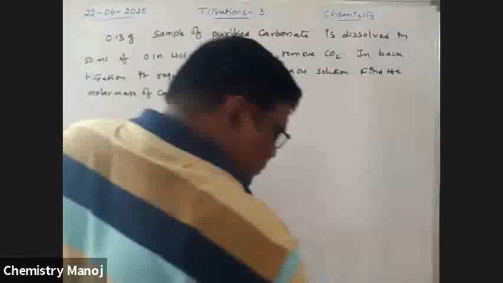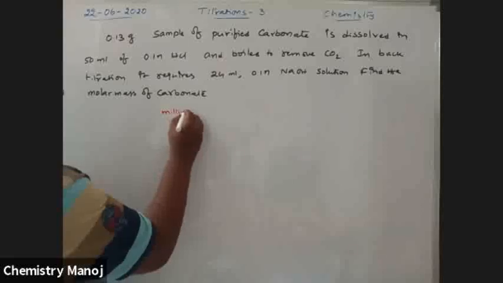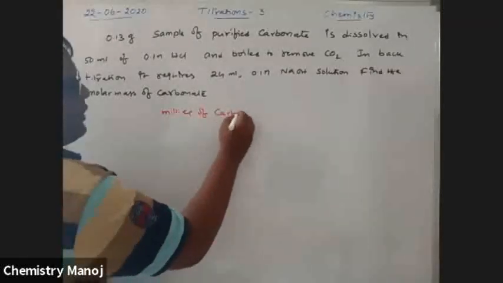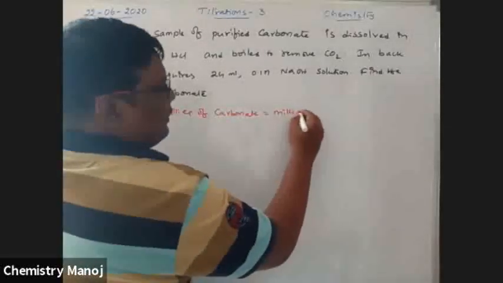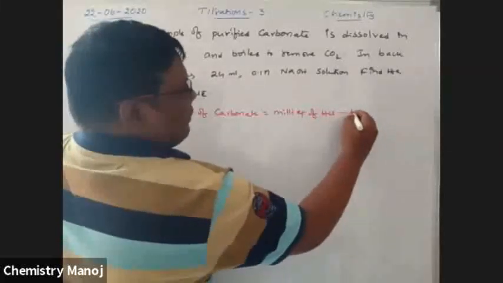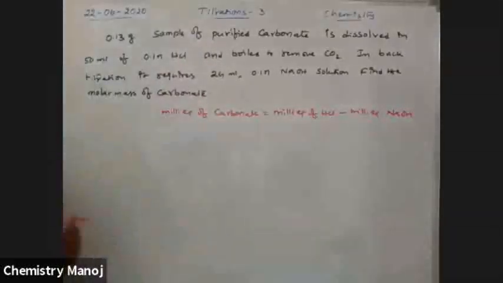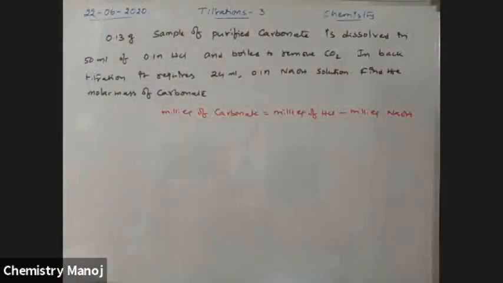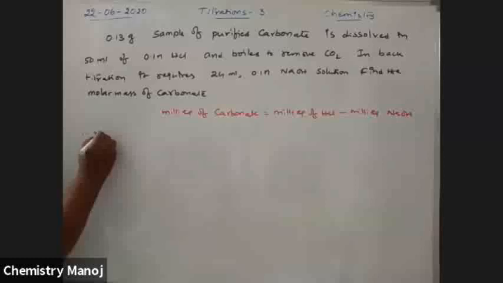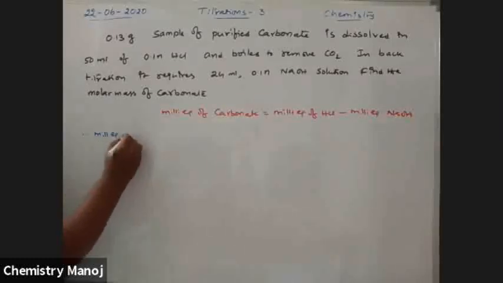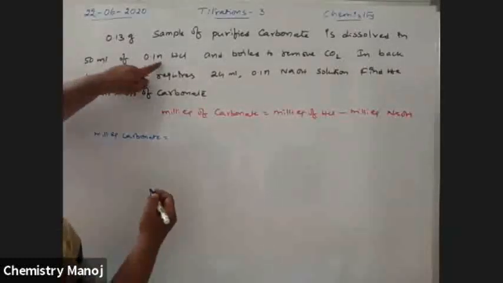Here, milliequivalence of carbonate is equal to milliequivalence of HCl minus milliequivalence of NaOH. That is normality into volume in ml.